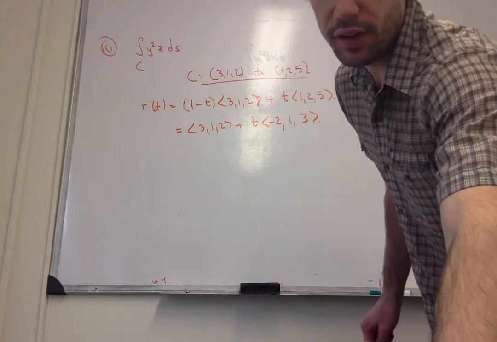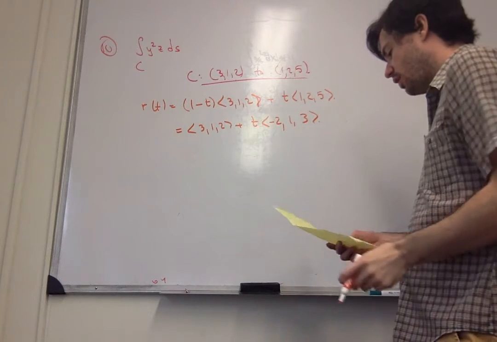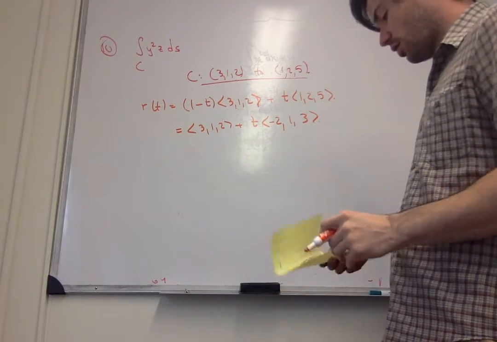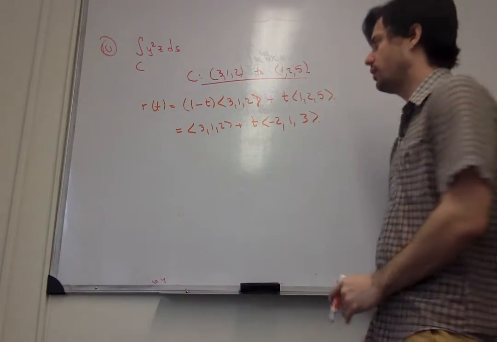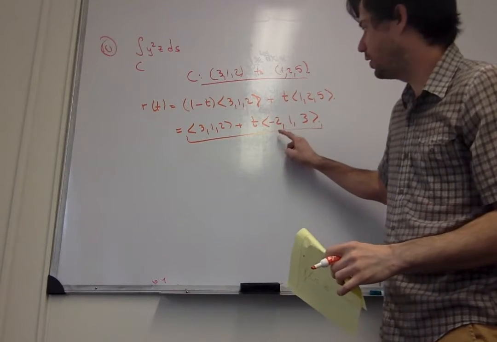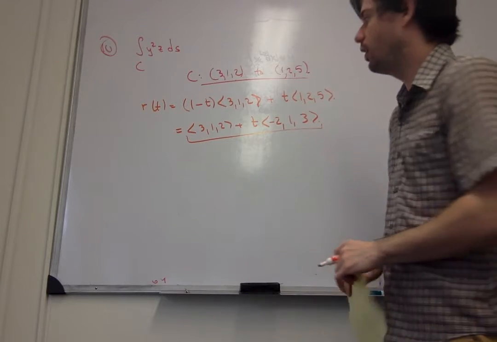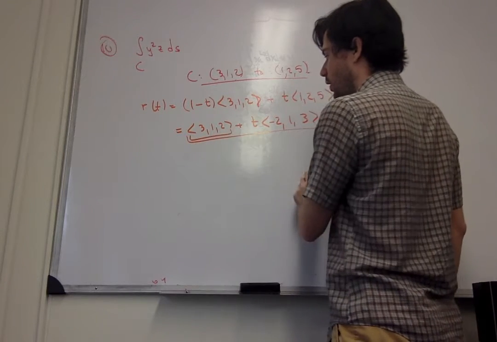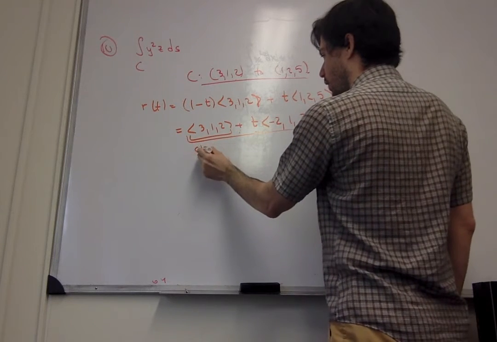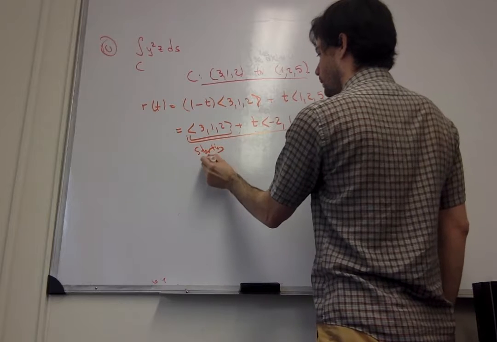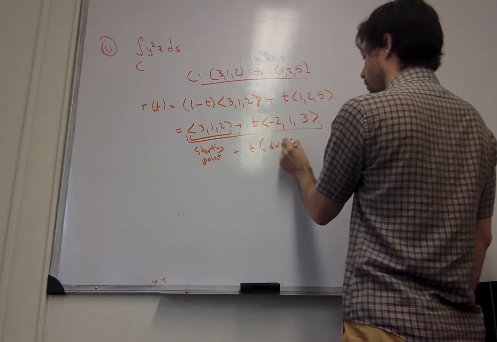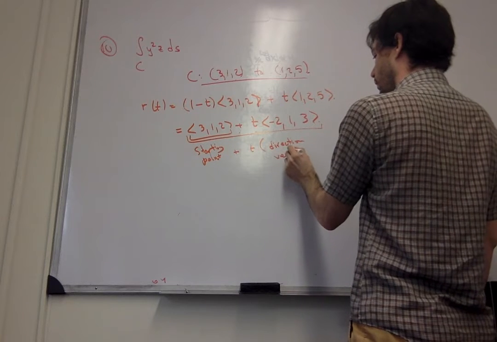I want you to take a moment just to realize that they're the same thing. They are identical, 2 different ways to think of it. I actually prefer to think of it this way: you start off with your starting point, and then it's plus t times the direction vector.